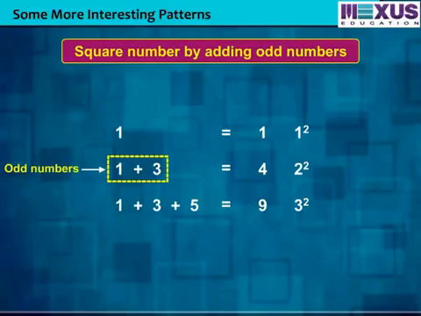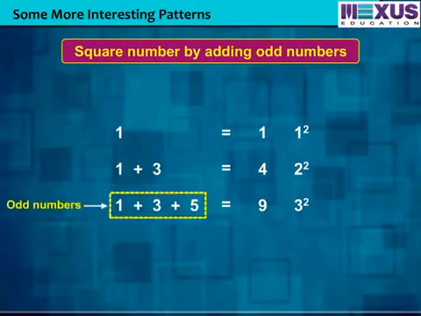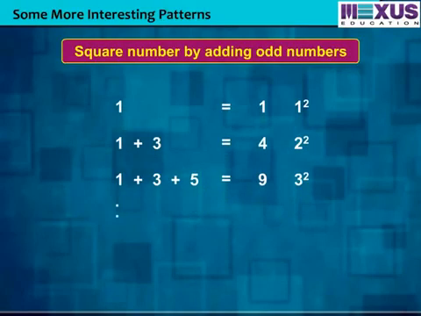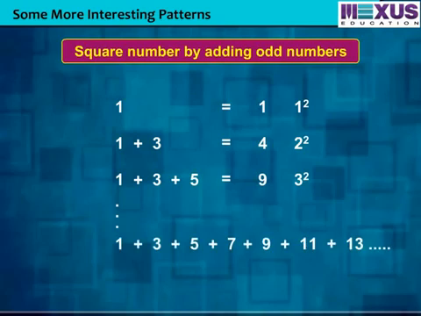So by adding these numbers, we get 4, which is the perfect square of 2. Similarly, by adding 1 plus 3 plus 5, we get 9, which is the perfect square of 3. Similarly, if you add the next odd numbers one by one, you will get a square number only.